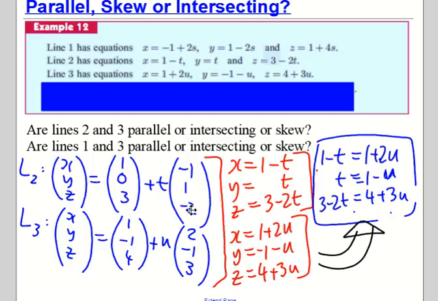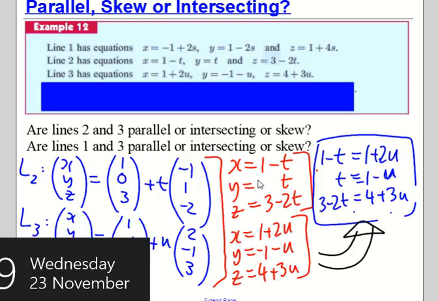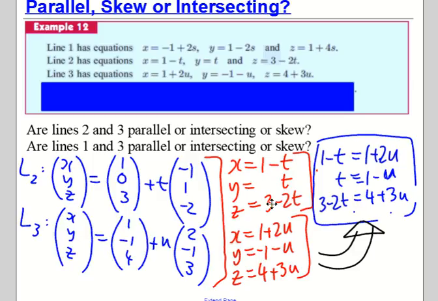Now we can find if they're intersecting. And the way we do that is to set up the parametric equations for each and then set them equal to each other. Because if these lines intersect, then there must be a moment where the x, y, and z coordinates are all equal.